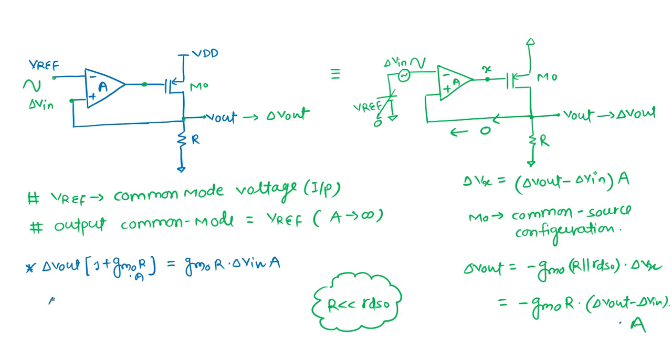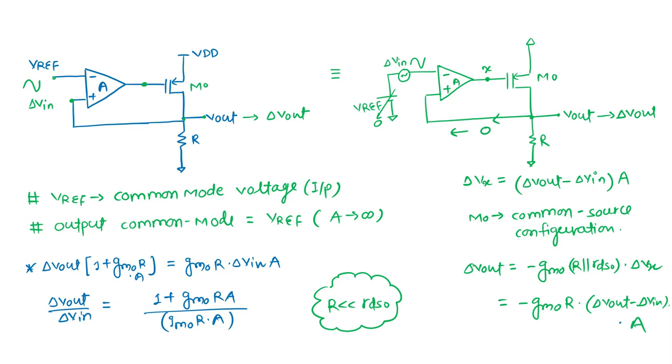So we write del Vout by del Vin is simply 1 plus gm0 R A divided by gm0 R. So it is happening like that. Is there anything missing or is everything right? Del Vout.